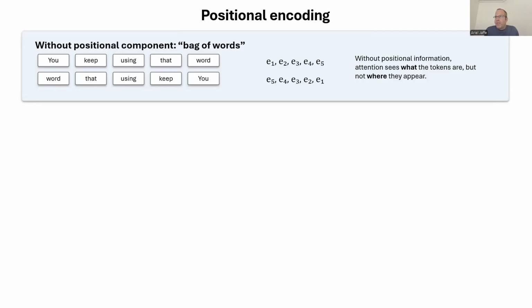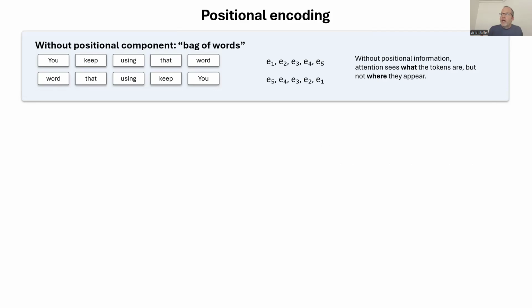But if we don't add anything else to the embedding, then essentially a sentence becomes a bag of words, because if we take, say, 5 words and change their order randomly, we get the same input. And that, of course, doesn't make sense.